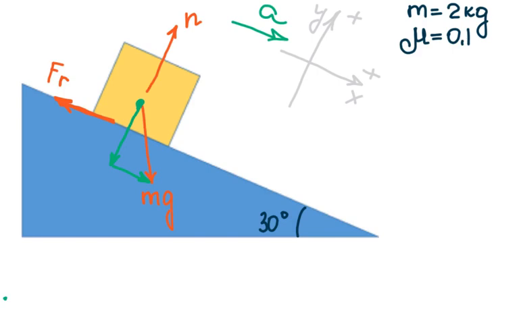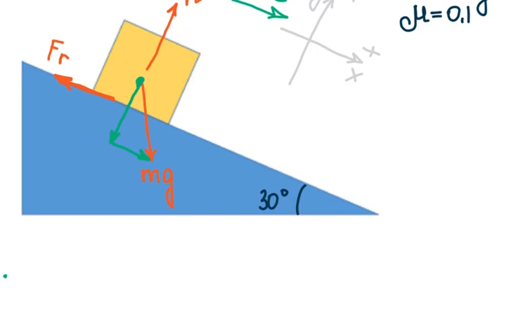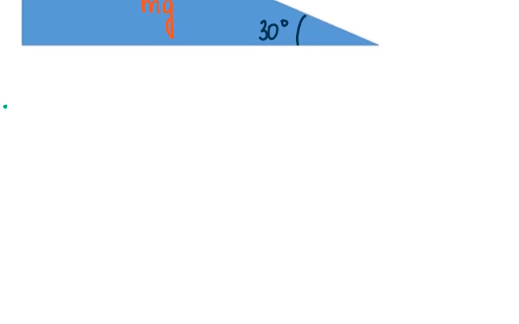Now I'm going to determine my theta here, and this is the tricky part. So I'm going to scroll here and come back to this question in a minute. If I have my incline, and this is my theta, this is a perpendicular line. So these are the right angles, these are the right angles.